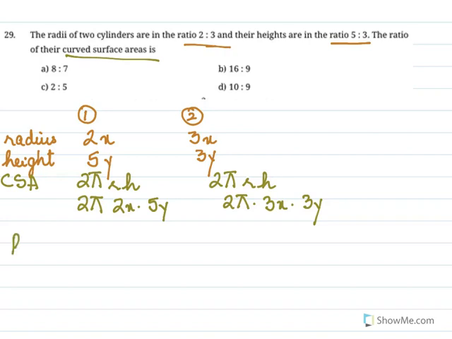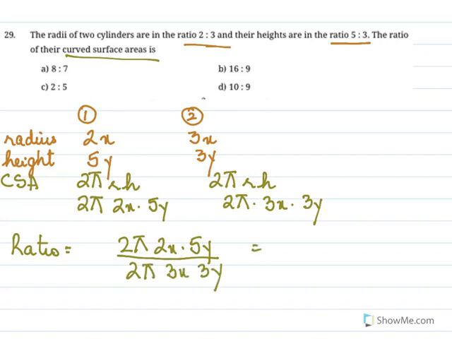Now to find the ratio, we do 2 pi RH over 2 pi RH. And when you cancel, you will get here 10 over 9. So the ratio is 10:9. This is the right option.